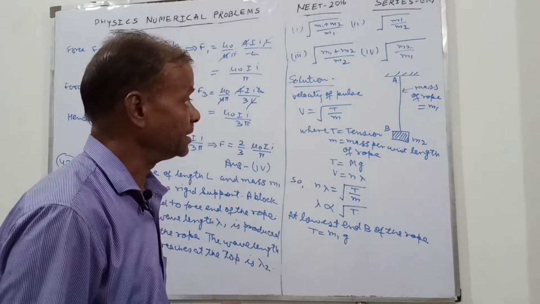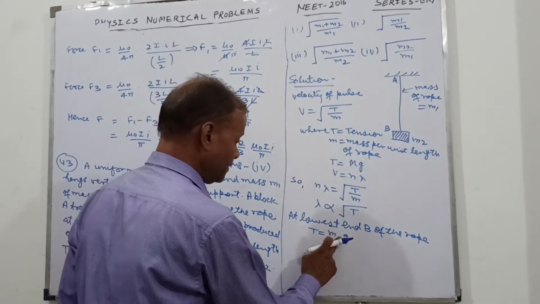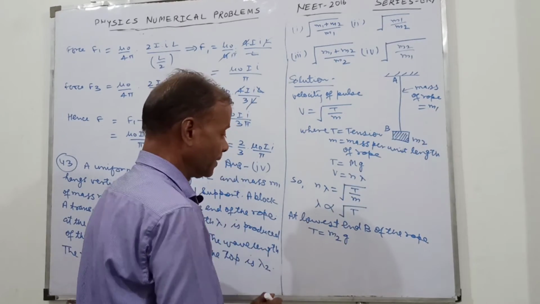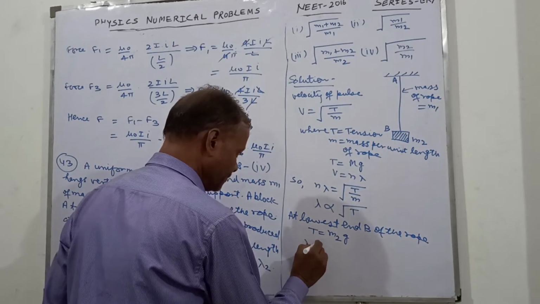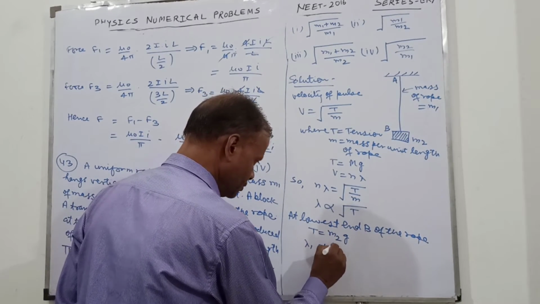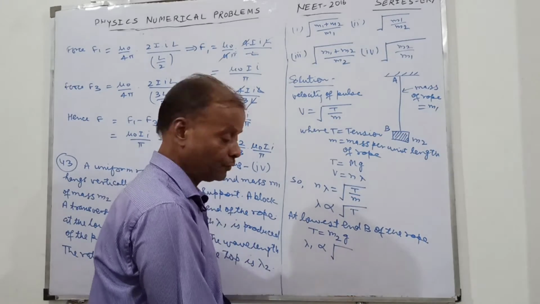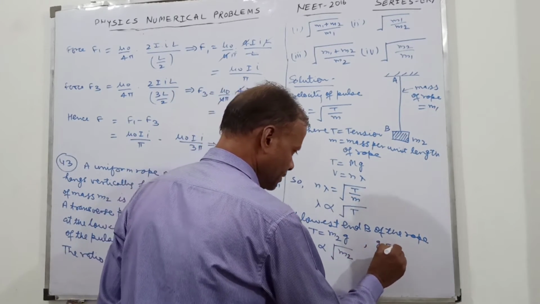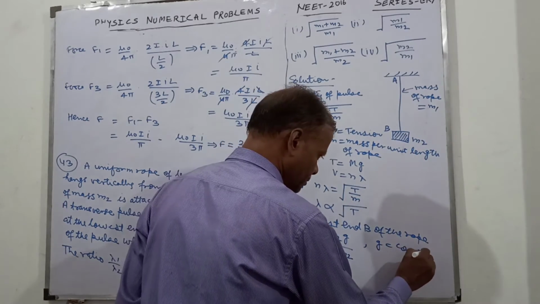The tension in the string is only because of this mass m2. So lambda 1 is proportional to square root of m2, with g constant.